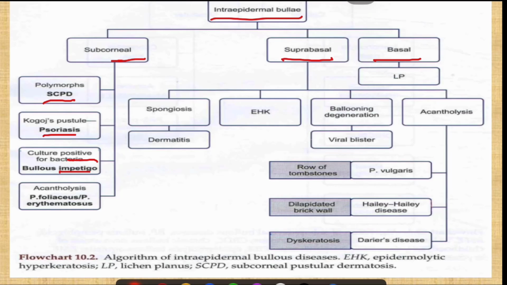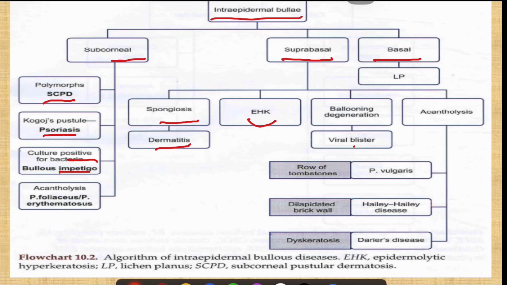And here if suprabasal bulla is present, if it is associated with spongiosis, it is dermatitis. Then if it is having hyperkeratosis, then it is called epidermolytic hyperkeratosis. If it is present with ballooning degeneration, it is a viral blister.